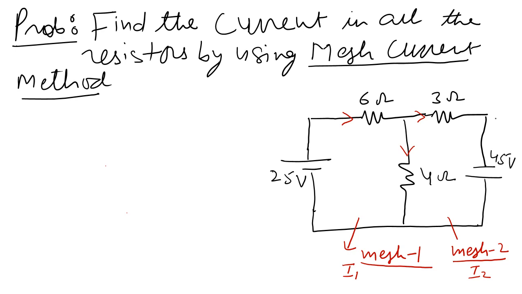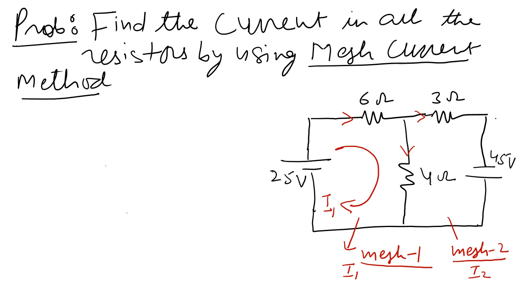Now in mesh 1 we have to move like this. This is the loop direction, and we are moving like this, and in the same loop direction the mesh current is moving. So the mesh current is clockwise.